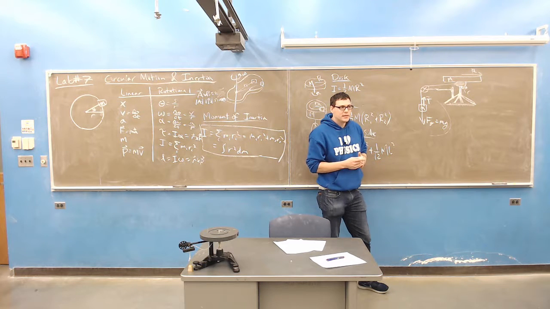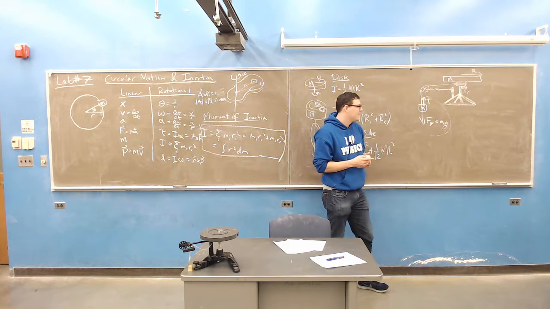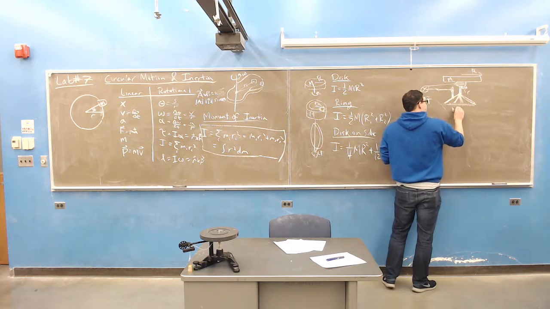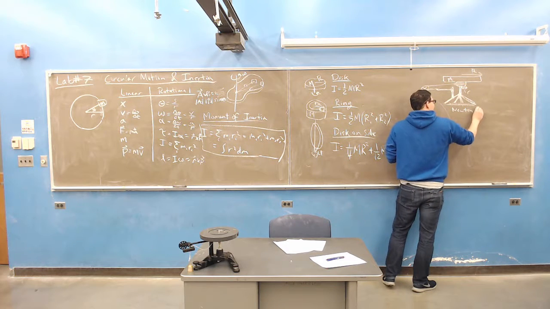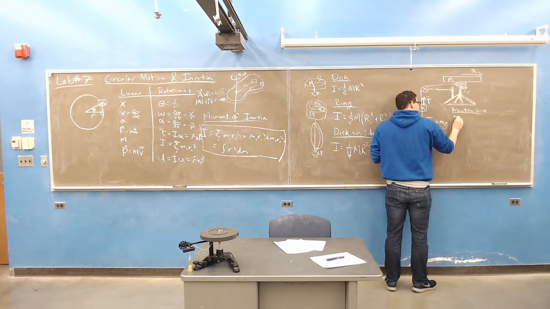Well, what do we do next? After we do the free body diagram and identify all the forces, we do equations. Which equation? Newton's second law. Newton's second, which says, help me out.